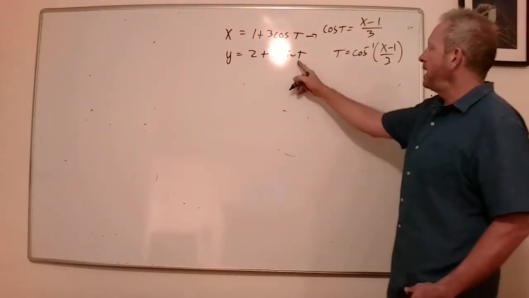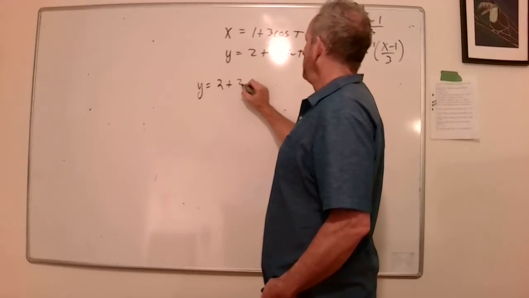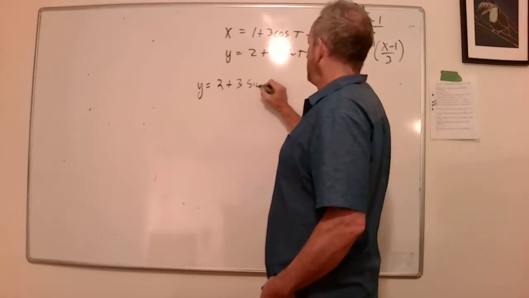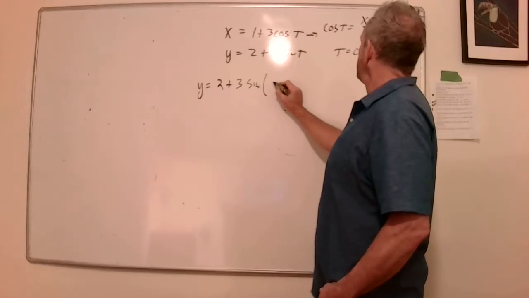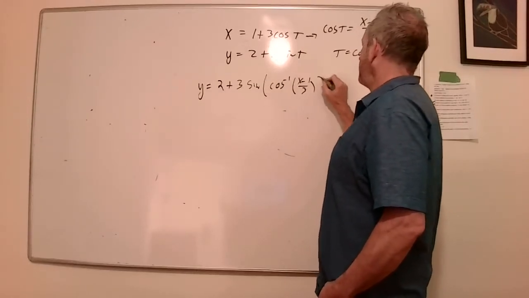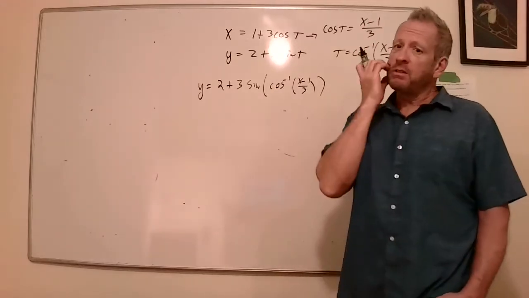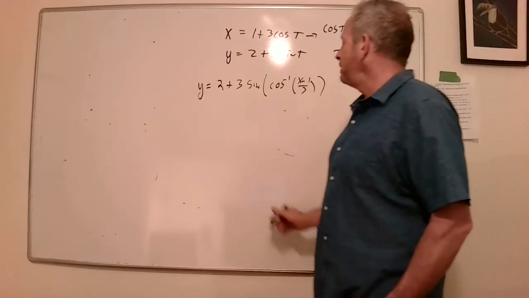And let's substitute that in here. So we get y is equal to 2 plus 3 sine of cosine inverse of x minus 1 divided by 3. And again, for the umpteenth time, sooner or later you're going to use this so many times, you might as well commit it to memory.